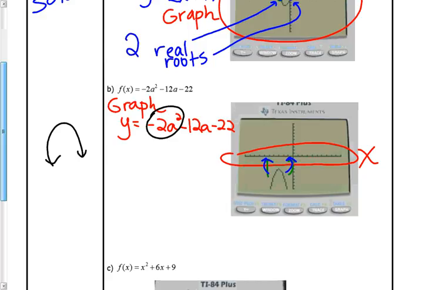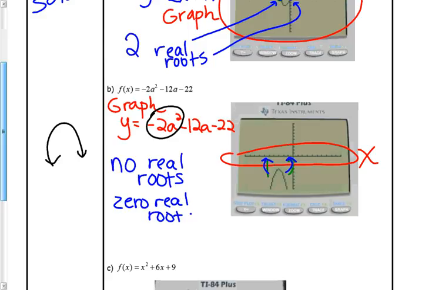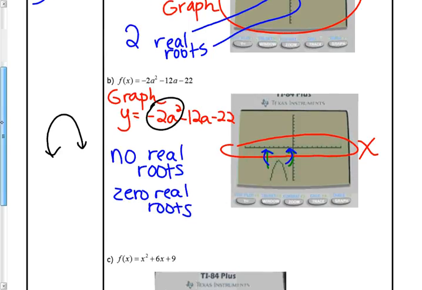We do not. So we would say no real roots, or you could say there are 0 real roots. There are none, because that one never even crossed the x-axis to begin with.